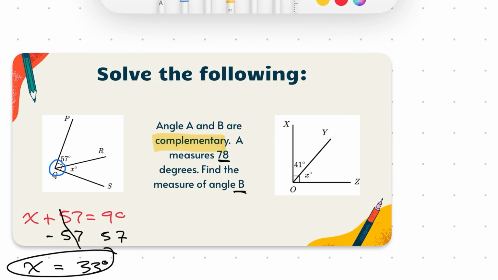If I know that A is 78, and I'm trying to solve for B, I can say that 78 plus B equals 90. And then to solve for B, I'd simply subtract 78 from both sides. And I get that B is equal to 12 degrees.